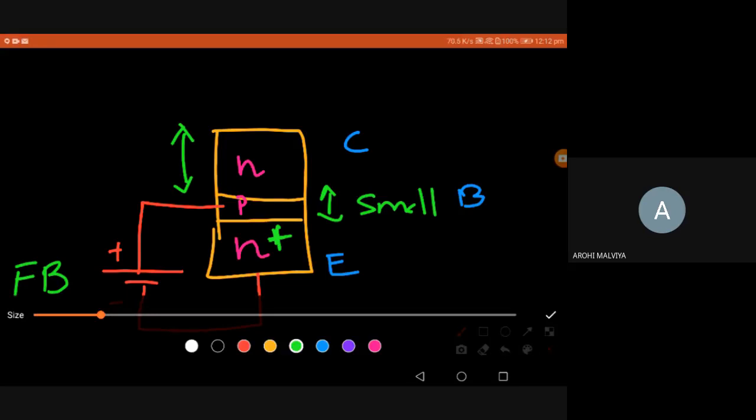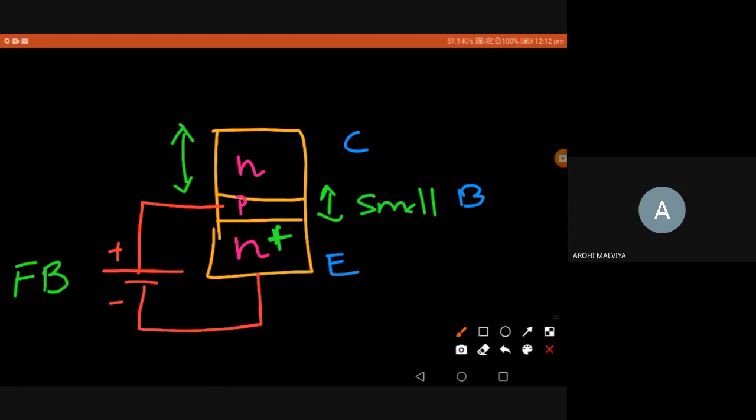should be reverse biased. So let me draw the reverse bias here. Reverse bias means N should be plus, and the base should be minus. Okay, you remember this? So from here we can see the base collector junction. What is the base?